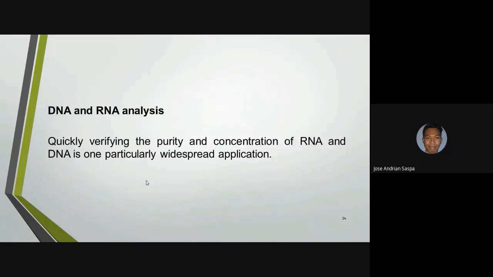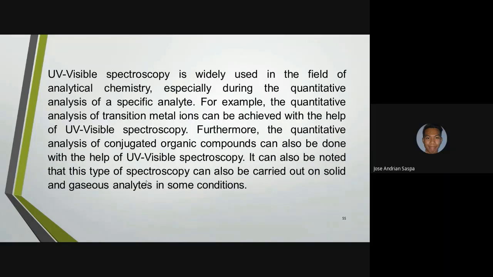DNA and RNA analysis: quickly verifying the purity and concentration of RNA and DNA is one particularly widespread application. UV visible spectroscopy is widely used in the field of analytical chemistry, especially during the quantitative analysis of a specific analyte.